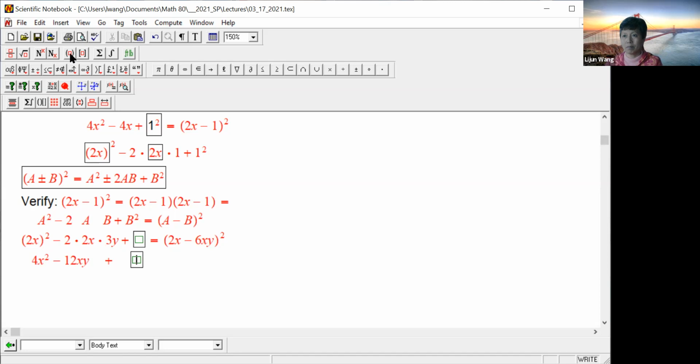So what's in the box should be 3y to the power 2. You're pretty close, okay? So that perfect square should be 2x minus 3y.